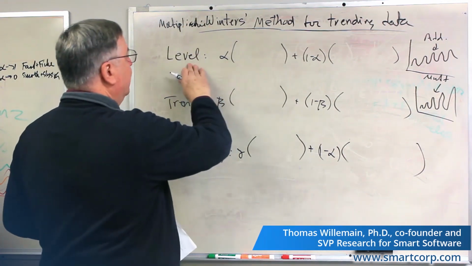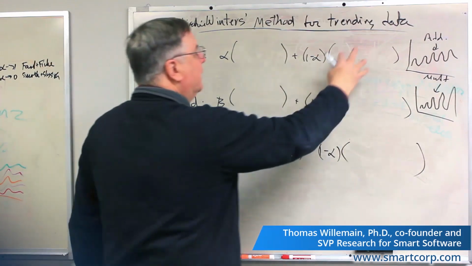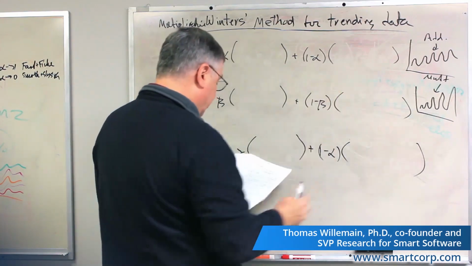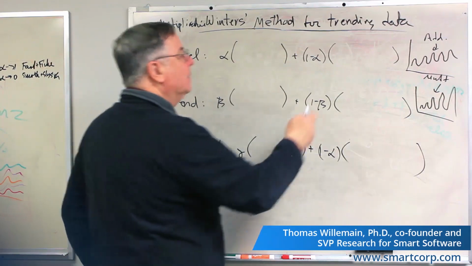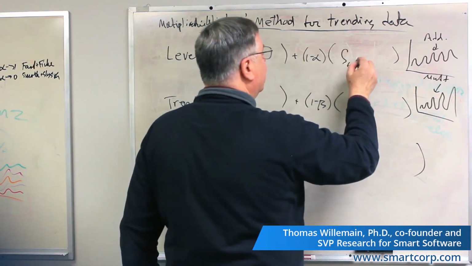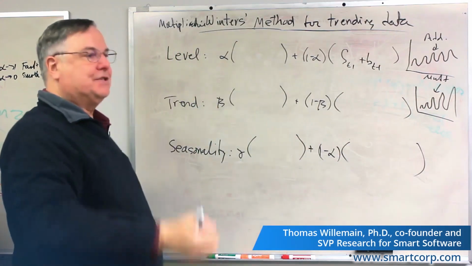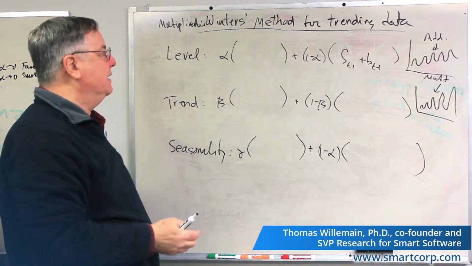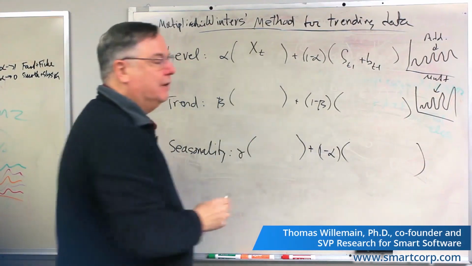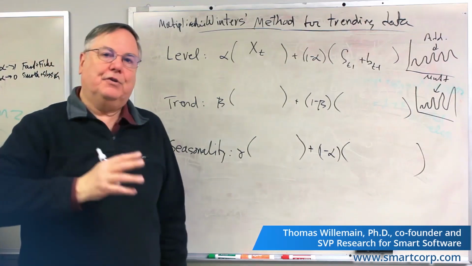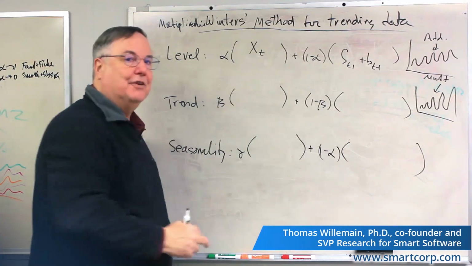So we know that the level says, tell me where I am now, and then here is where we thought the level was last time. And remember, we think there's a trend, so where the level was last time plus the amount we've trended up, that's the current idea where the middle of the data is. This would normally be the current data value, but if there's seasonality that's multiplicative, we need to put in a deseasonalized value there.